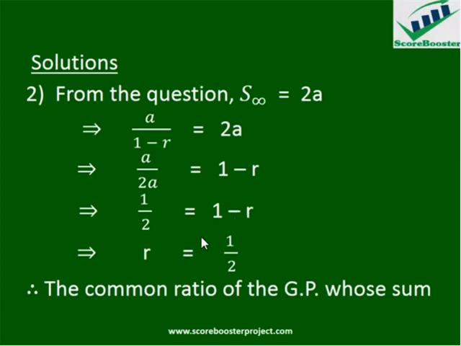R will now be equal to 1 minus half, and 1 minus half will give half. Therefore, the common ratio of the geometric progression whose sum to infinity equals twice its first term is half.